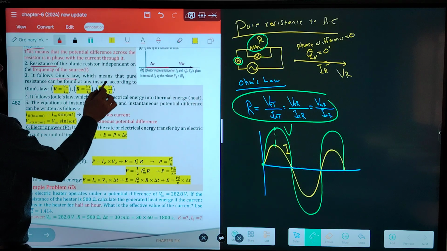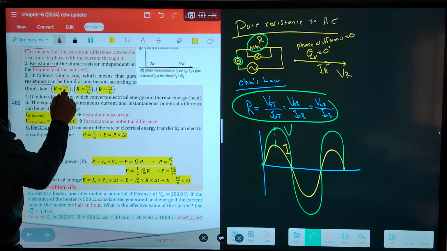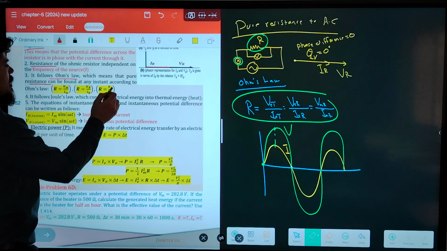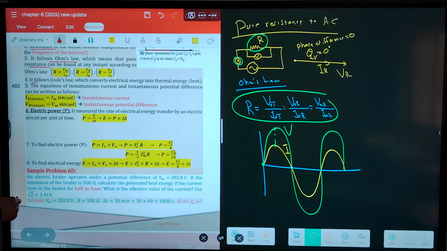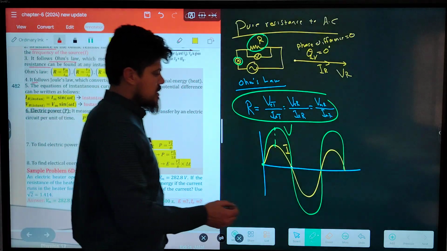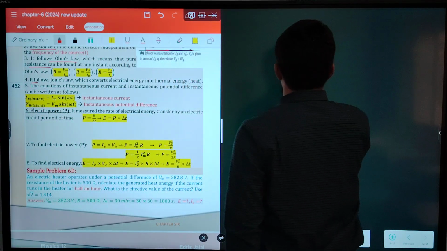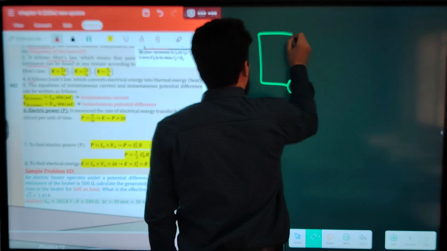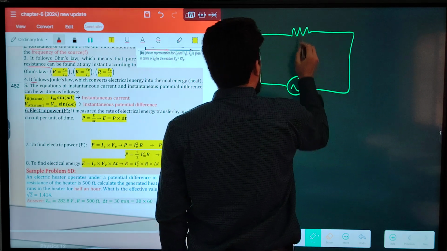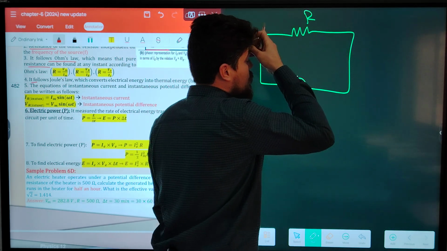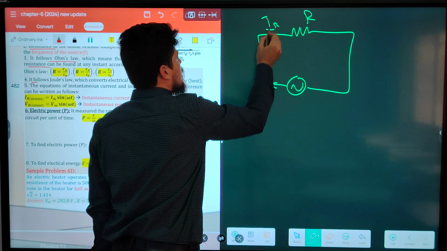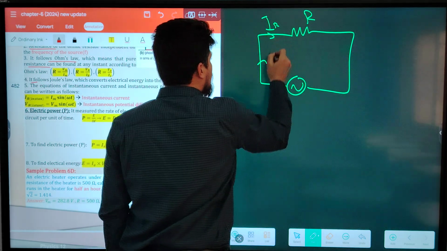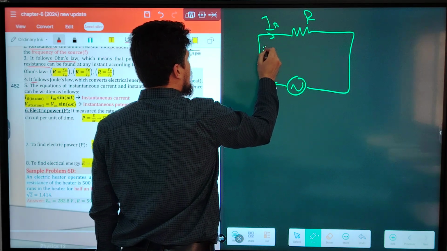It follows Ohm's law, which means that pure resistance can be found any time as Vm over Im, Vrms over Irms, V over I. It follows Joule's law, which converts electrical energy into thermal energy. Guys, in a pure resistance AC circuit, when the current passes through the resistor, this is electrical energy, okay?